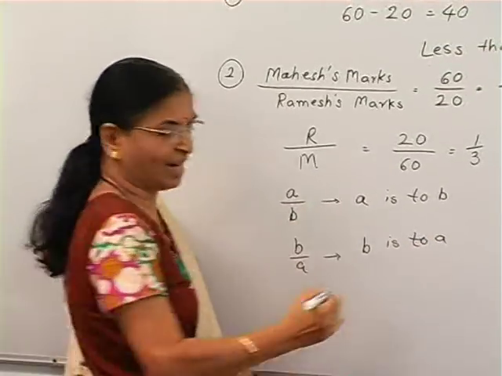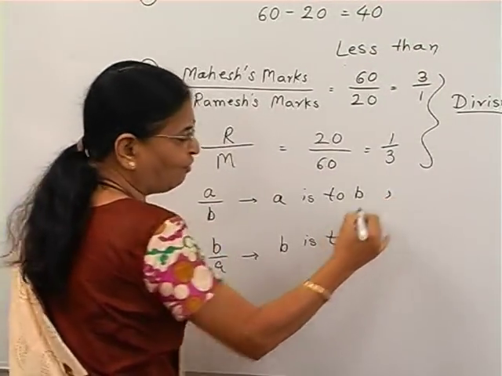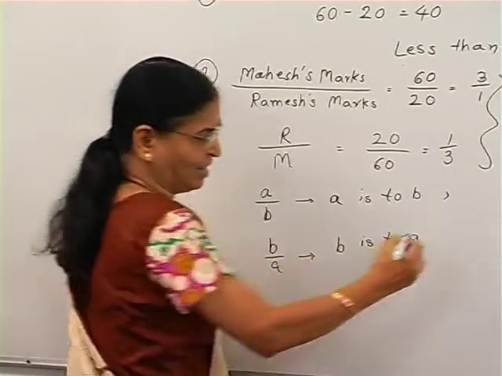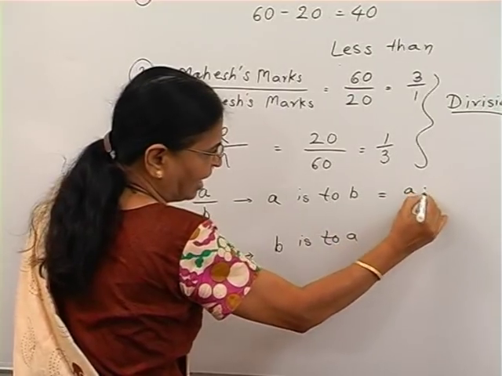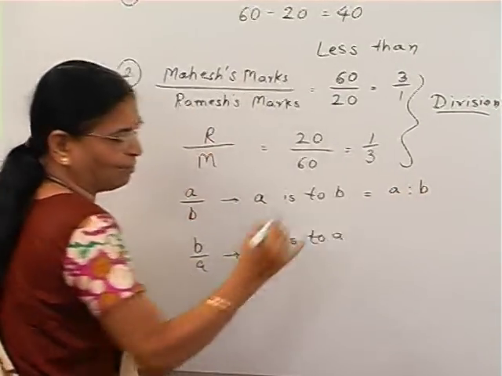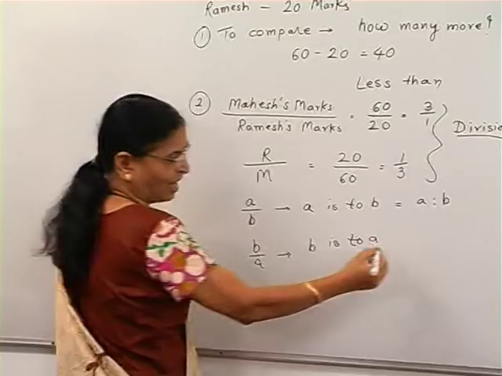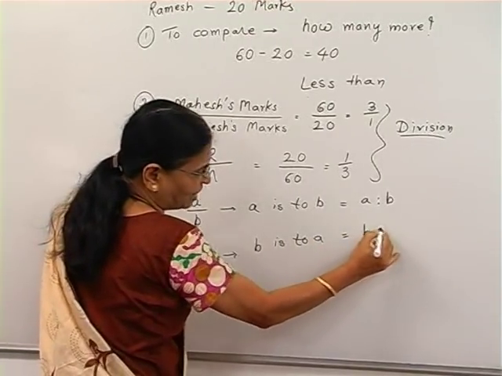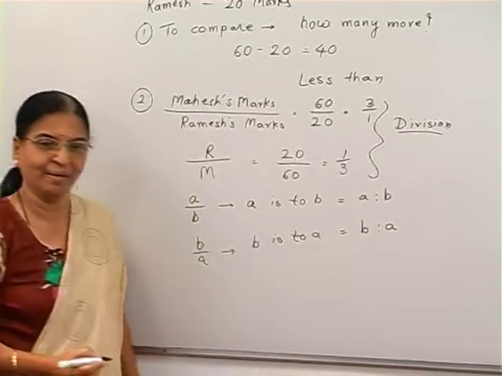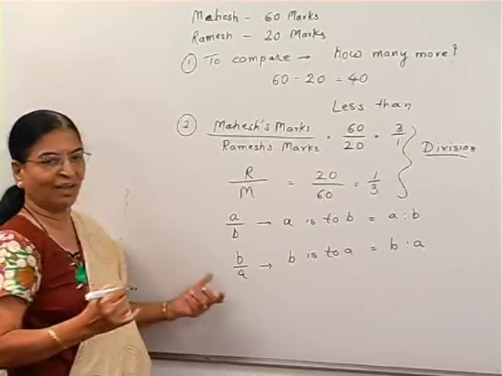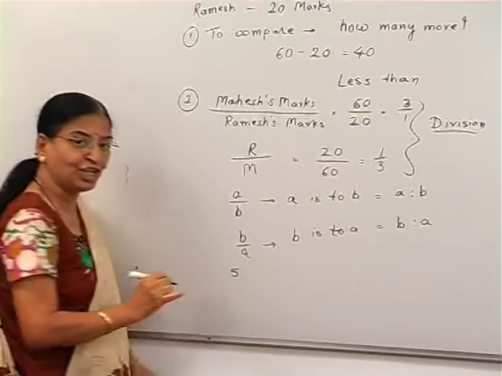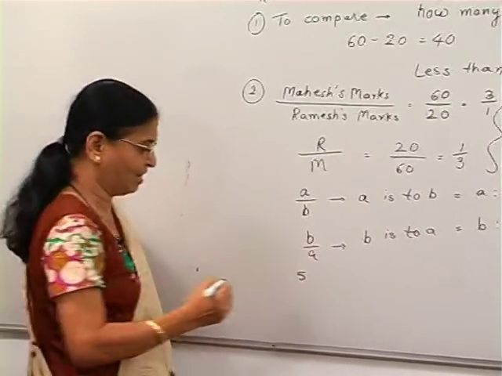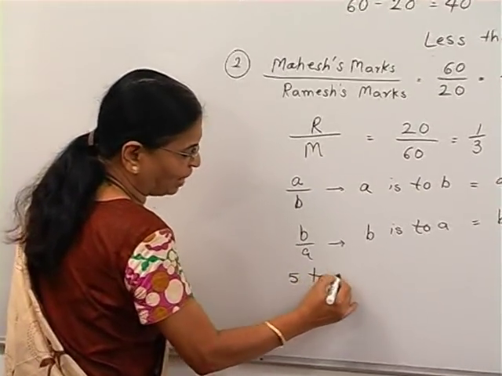Of course, using the colon, I can write A as to B, or I can say B as to A. Again I will give one example: suppose 5 is to be compared with 9. I want to compare 5 to 9.